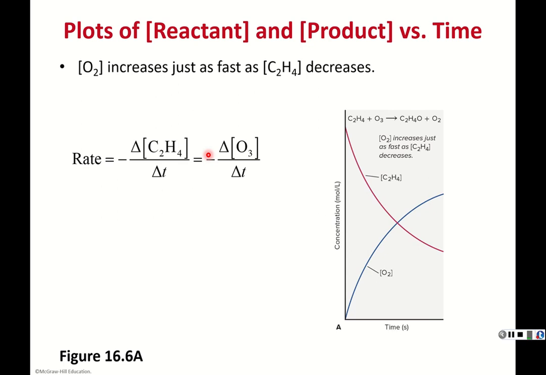There are lots of errors in the book slides for chapter 16, by the way. The rate of increase of O3 is equal to the rate of decrease of C2H4, so they should be equal and opposite signs.